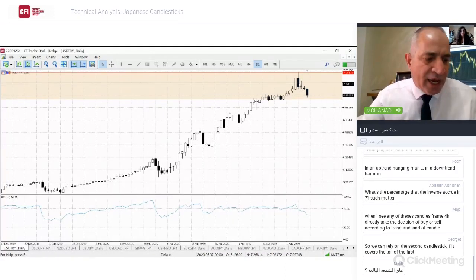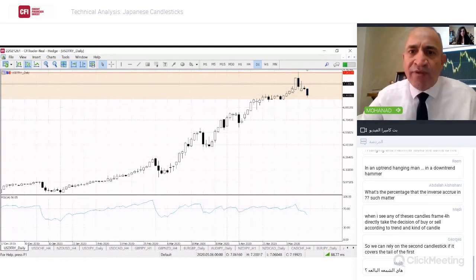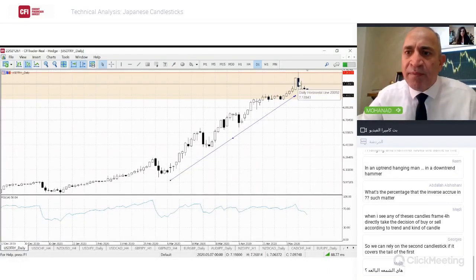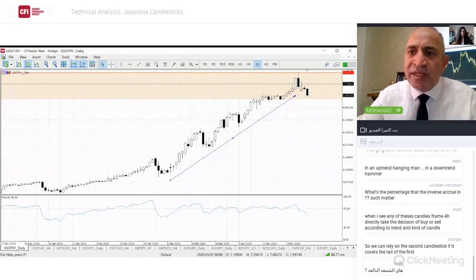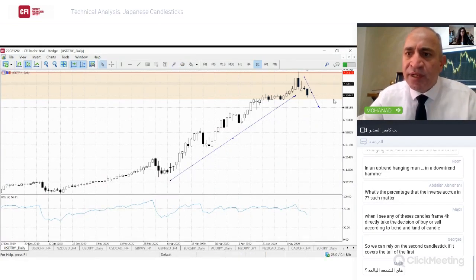The bearish harami, as we see, we have an uptrend line. At the end of the uptrend, we have a black candlestick, the open and the close of the black candlestick within the open and the close of the white candlestick. So now I expect the prices will change direction from the uptrend to the downtrend.